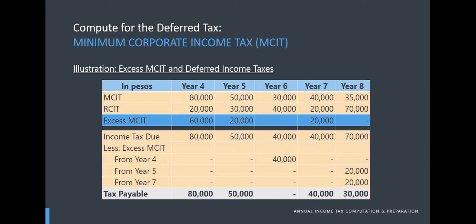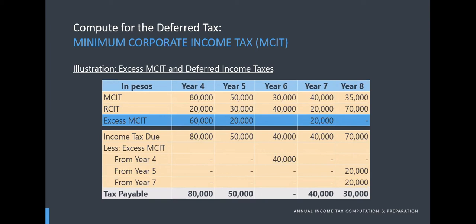So income tax due of 70,000 minus the 20,000 of excess MCIT from year 5 and the 20,000 from year 7 may be deducted. So instead of paying 70,000, the company will pay only 30,000.